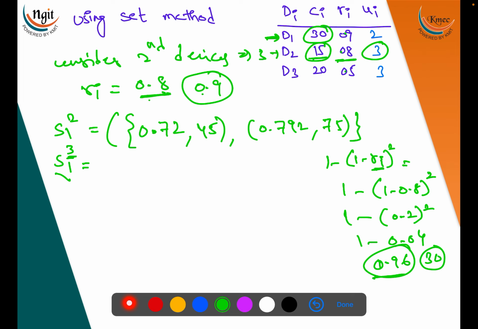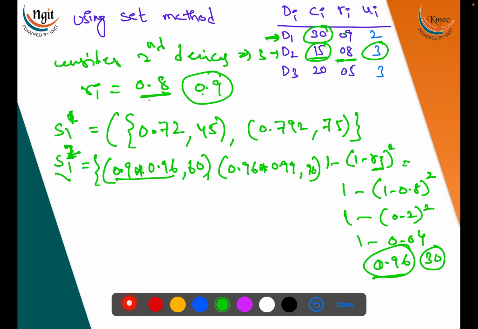Now S1 with 3 I am going to write, with the first set and the second copy. For the second copy I take 0.9 into 0.96, comma 60, and 0.96 into 0.99, comma 90.